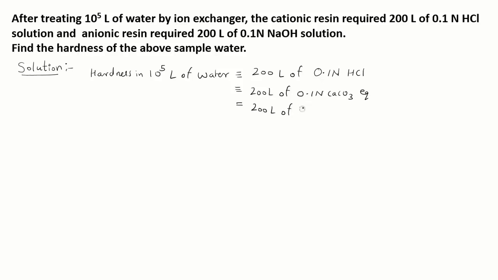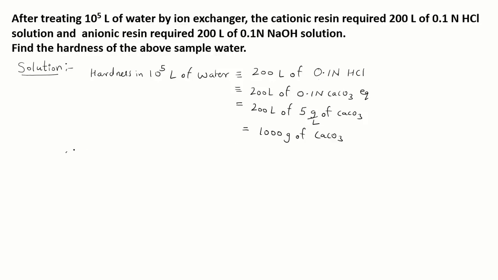That means 1 liter of 1 normal solution of calcium carbonate will have 50 grams. So 1 normal in 1 liter is 50 grams, so 0.1 normal in 1 liter will be 5 grams of calcium carbonate.